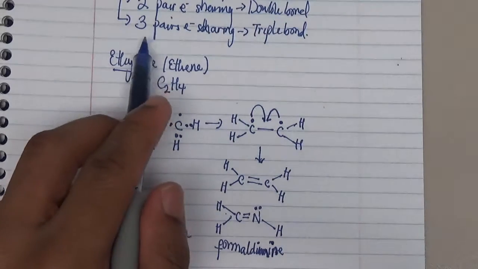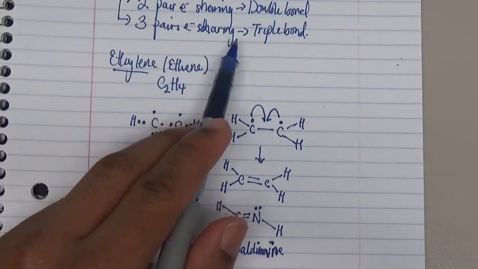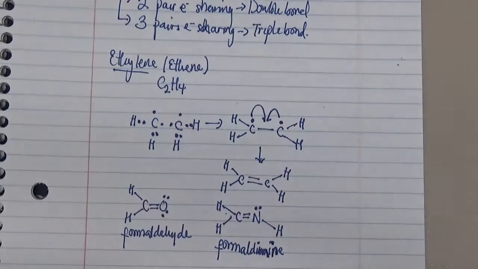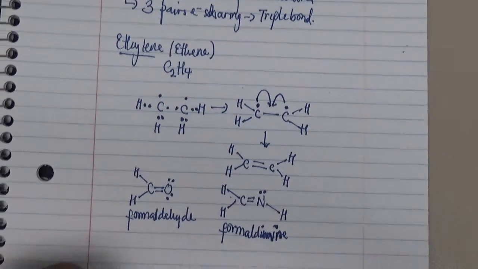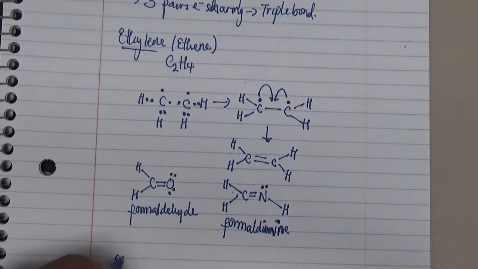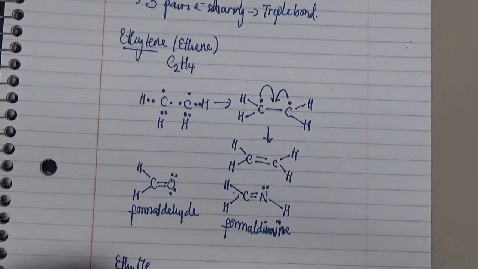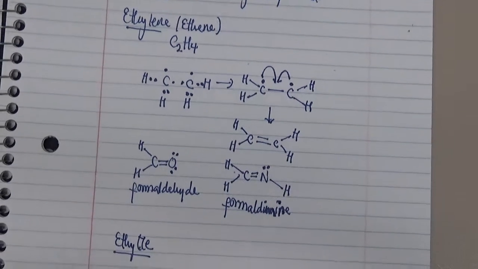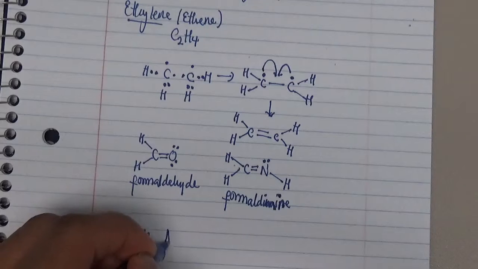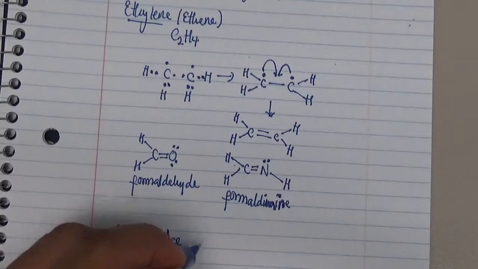Now for the 3-pair electron system, which forms a triple bond, a typical example is ethyne. Ethyne is also called acetylene.